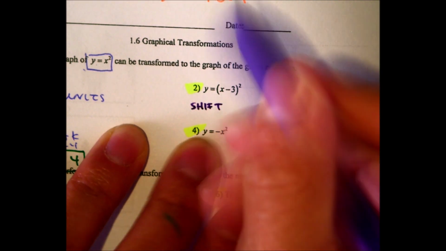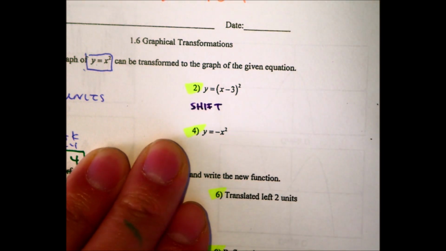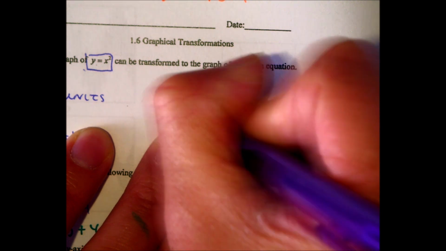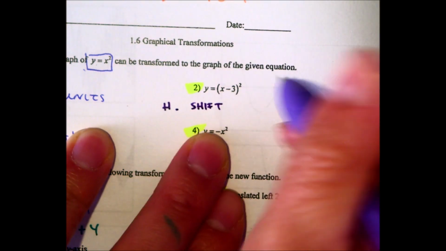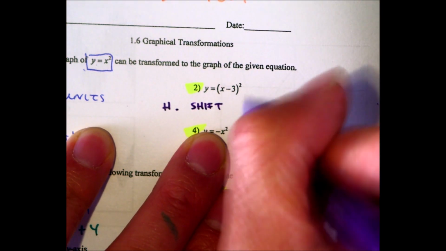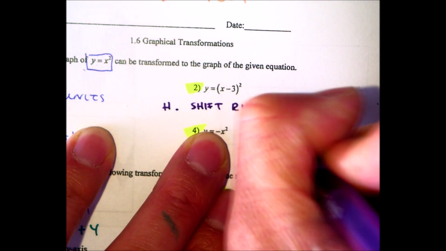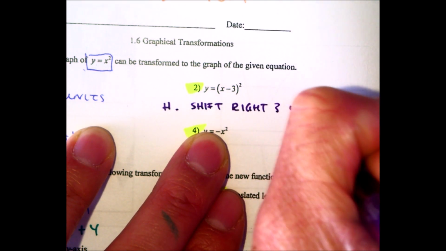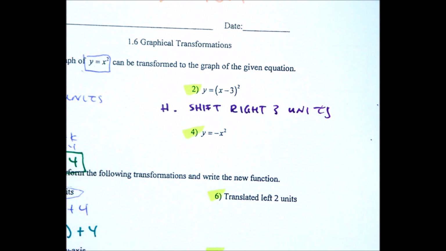Can be really fancy. What kind of shift is it? Vertical or horizontal? Super fancy for trig, they'll call that a phase shift. So a horizontal shift, right 3 units. Raise your hand if you got that.